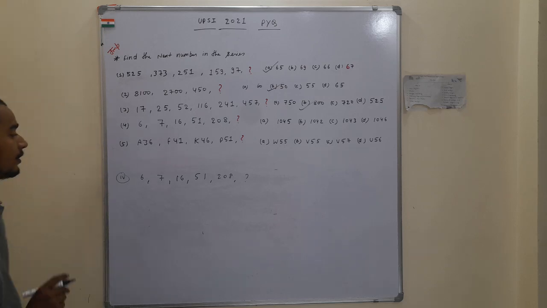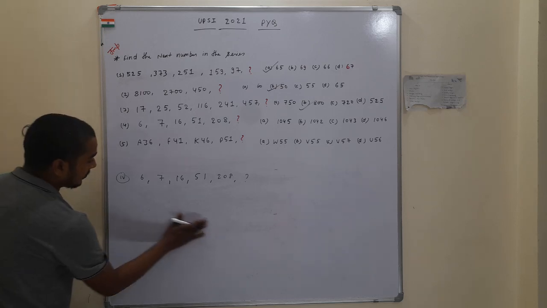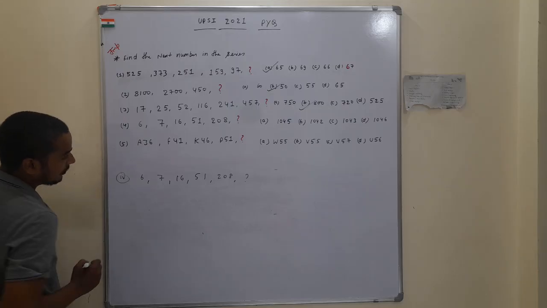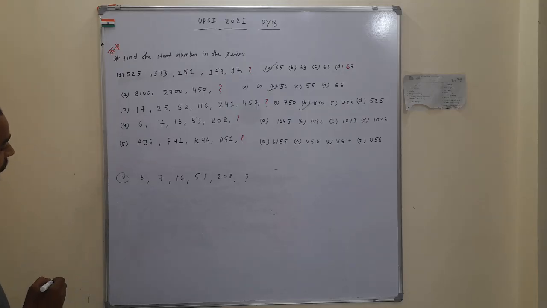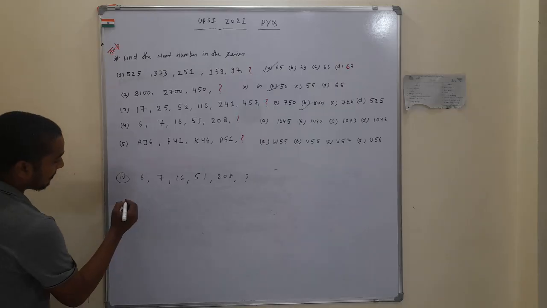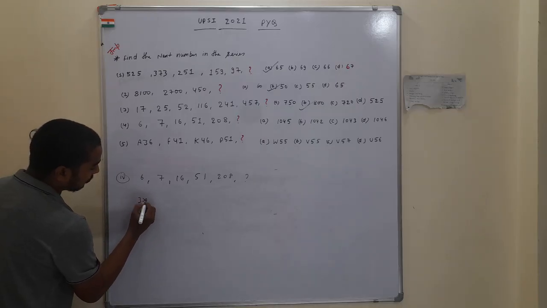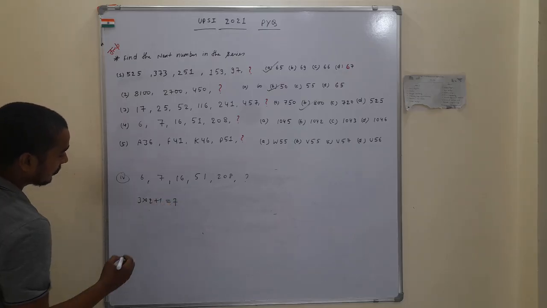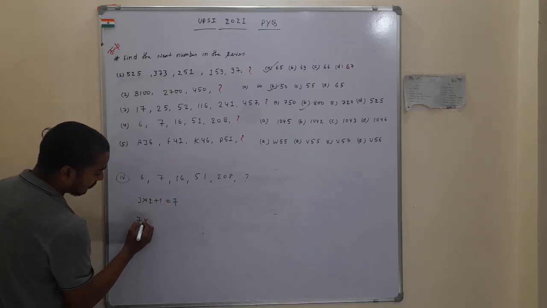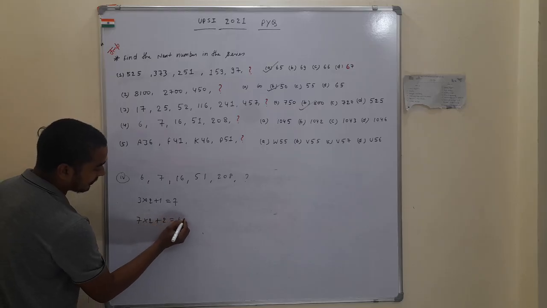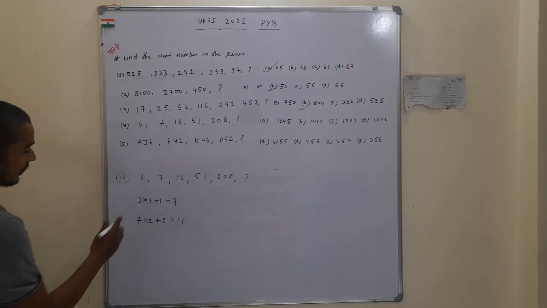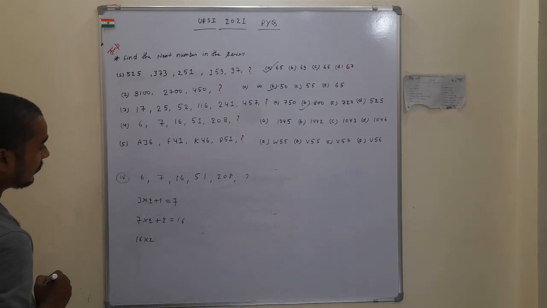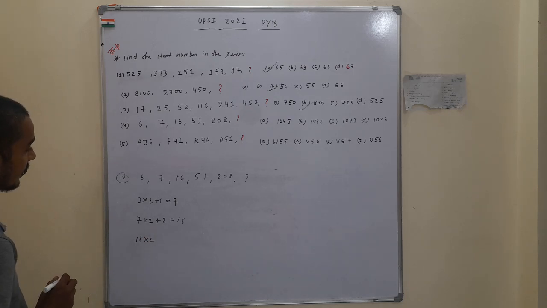Here, 3 twos are 6 plus 1, we get 7. Similarly, 7 twos are 14 plus 2, we get 16. And then 16 twos are 32 plus 3, but we do not get 51.